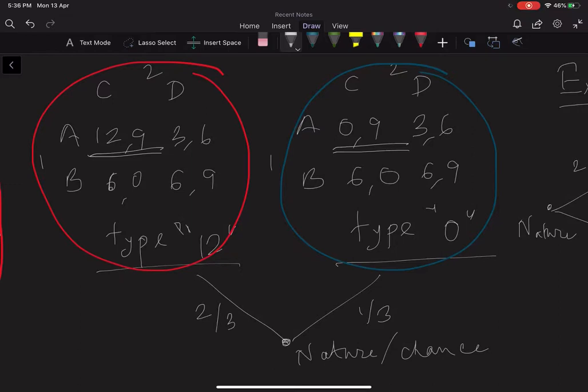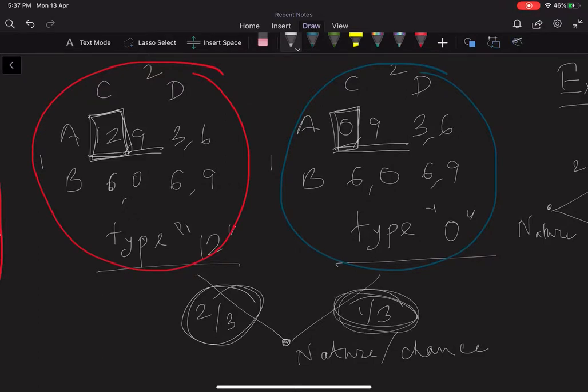Now, what is the aggregate payoff when player 1 has this strategy of always choosing A? In one case it will get 12, in another case it will get 0. But we know the probabilities of the two matrices, so we can compute the expected payoff, right? So the expected payoff here is with probability 2/3, player 1 gets payoff 12. With probability 1/3, player 1 gets payoff 0.